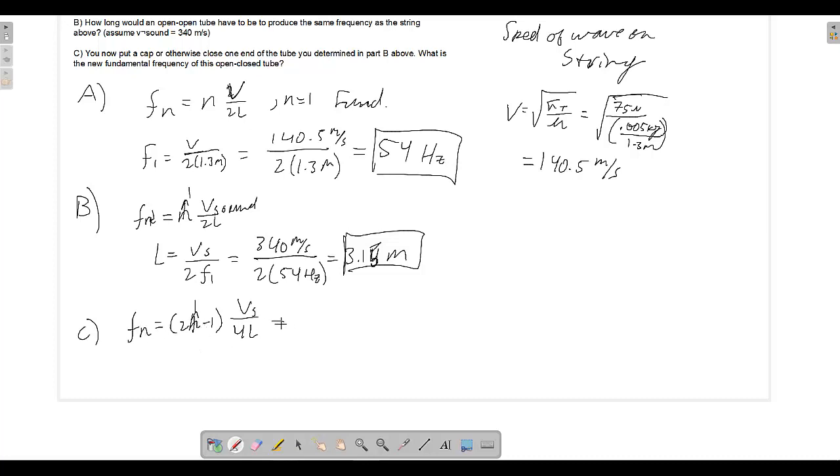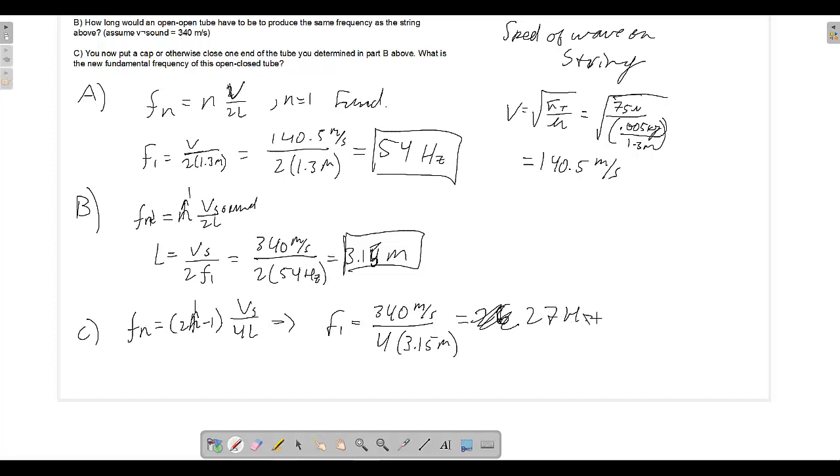So F1 is equal to the speed of sound, 340, over 4 times our length, which we said was 3.15 meters, which will give us 26.9, or let's call it 27.